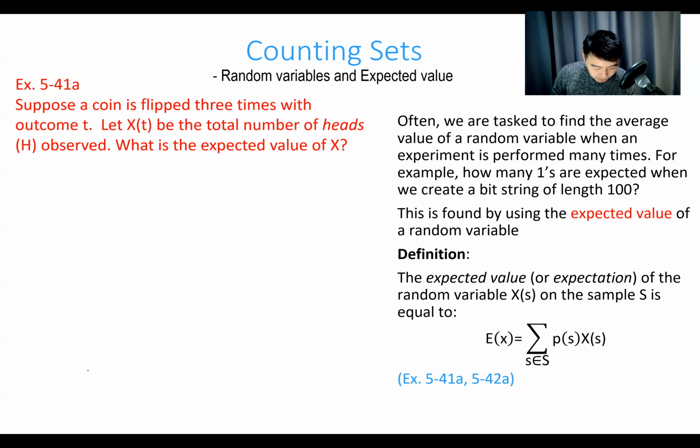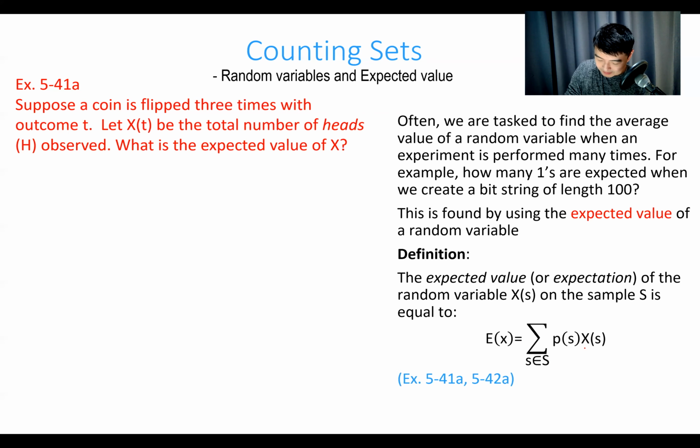So it turns out that the expected value has the following definition. The expected value of x is that for all the different outcomes s in the sample space, I'm going to take the probability of s happening multiplied by the value of x.